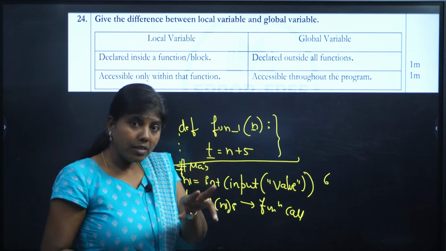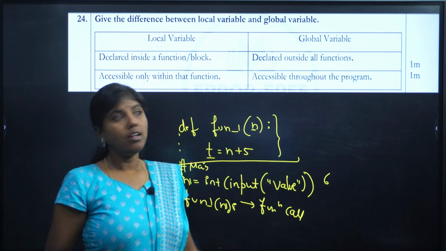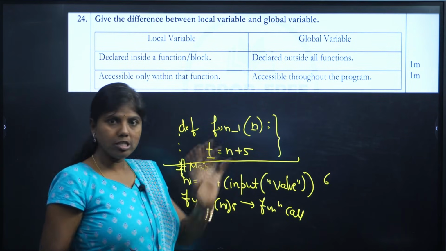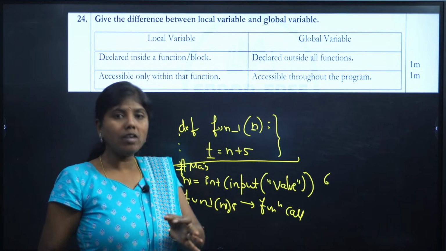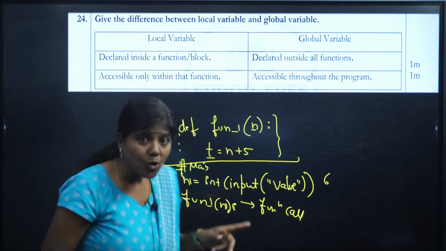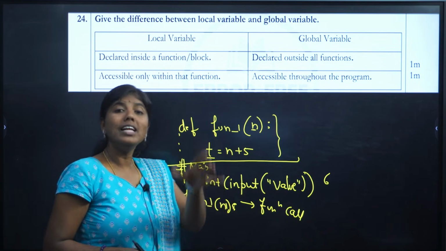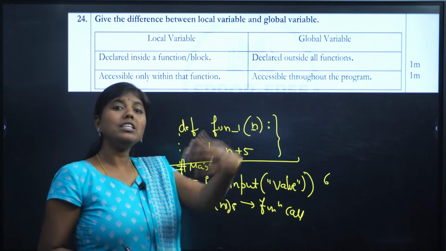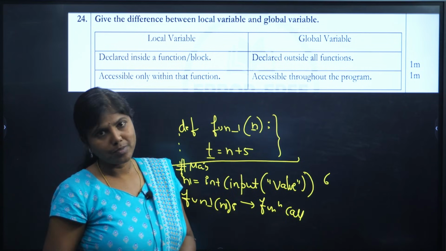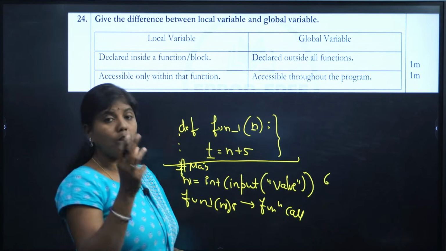A variable that is declared within a function, within a block, becomes a local variable. Within this, t is a local variable, n is a local variable. What about n1, ma'am? n1 becomes a global variable. That means a variable that is declared outside the function, outside a block, becomes a global variable.